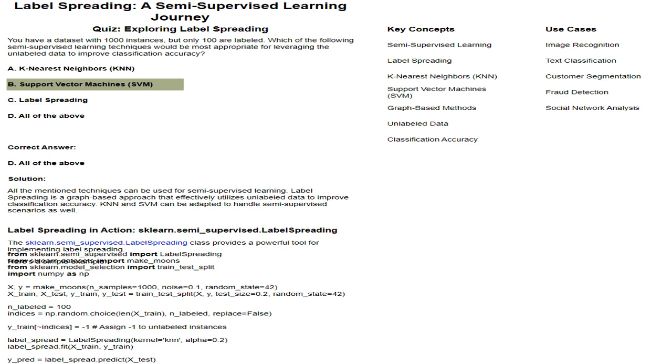SVMs can be extended to handle semi-supervised scenarios by utilizing a smaller set of labeled images and a larger set of unlabeled images to learn robust decision boundaries. Graph-based methods. A family of semi-supervised learning techniques that represent the data as a graph, where instances are nodes and connections between them represent relationships or similarities.